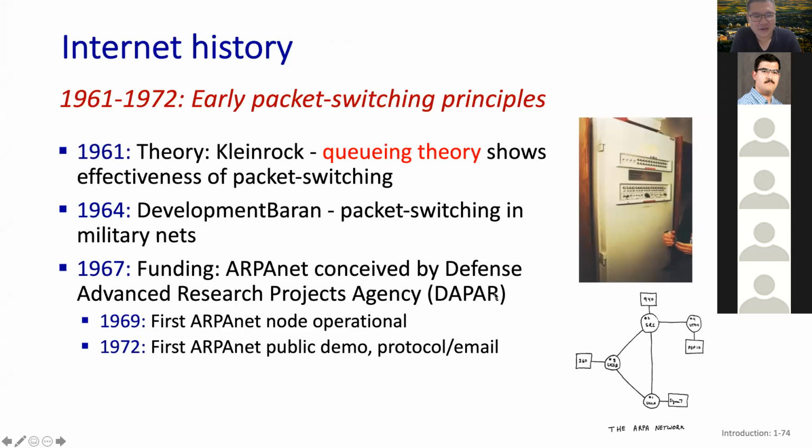Yeah. So this is the first slide about the internet history, and I think in the video you noticed the ARPANET, right? When you talk about the internet history, ARPANET is the most important historical thing you have to mention, right?